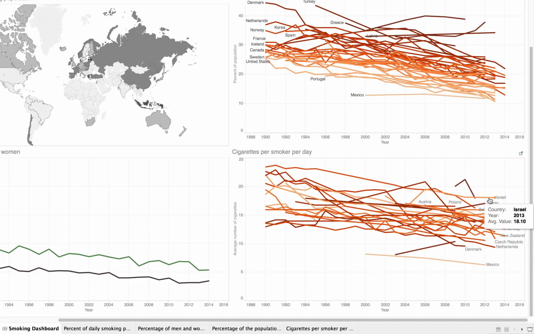And so at over 18 cigarettes per person that smokes per day, compared to Denmark, which has gone from, this is Chile, which has gone from 8 to 10. So I just think that's interesting.